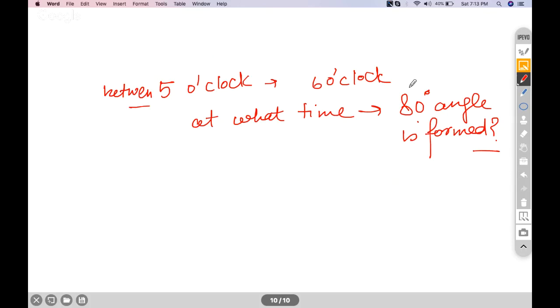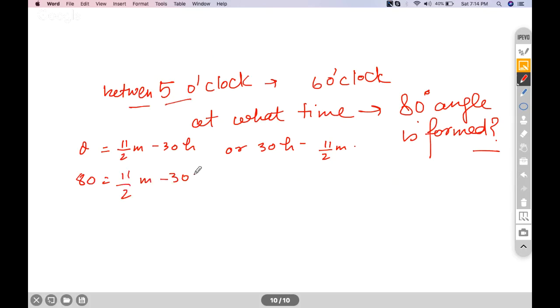Okay, try to understand. I use both formulas. What both formulas? Theta is equal to 11 by 2m minus 30h, or 30h minus 11 by 2m. So I put 80 here, 11 by 2m, and h here is 5, so 30 into 5 is nothing but 150.